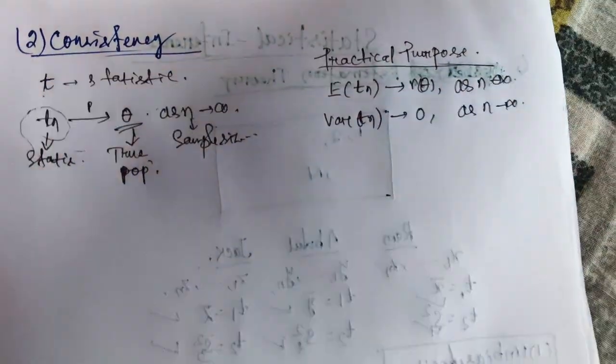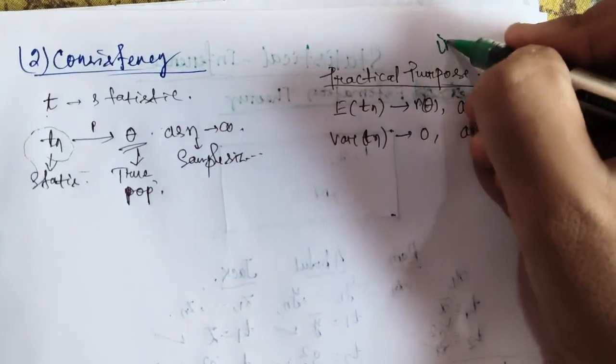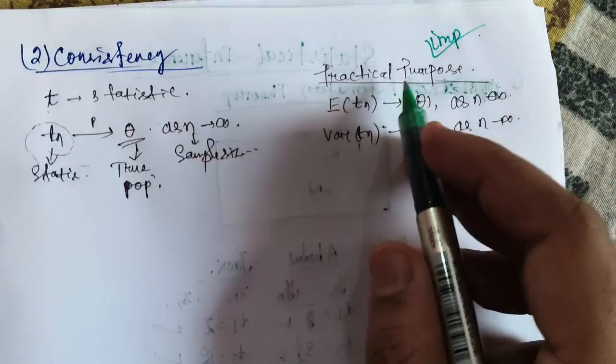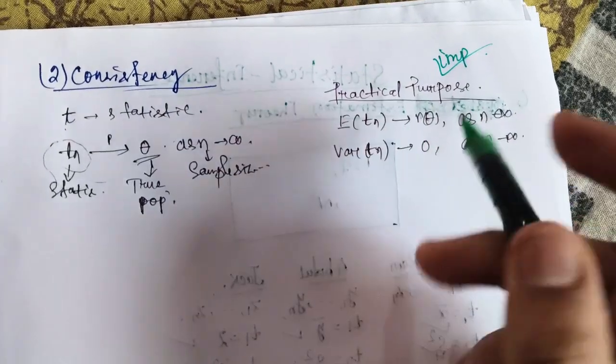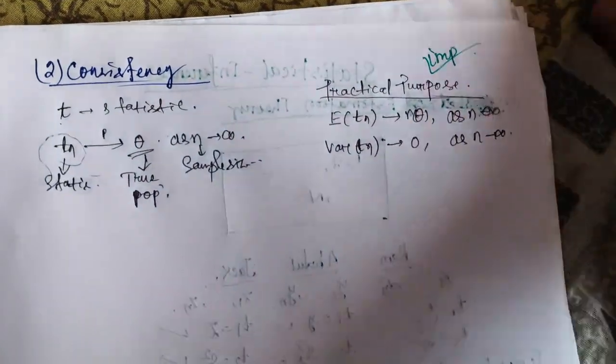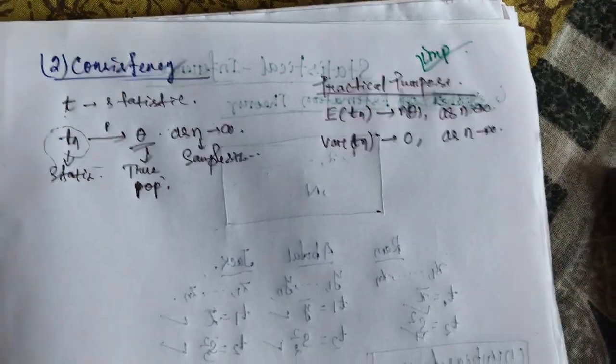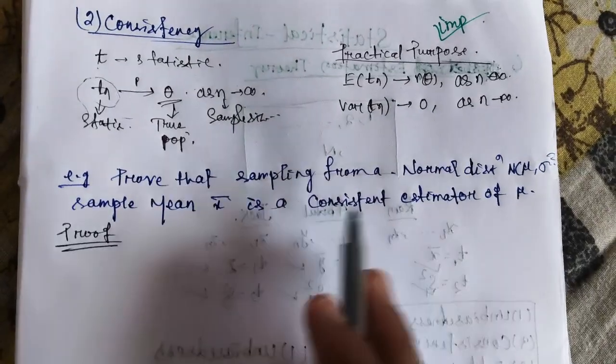This is a very important property. You have to remember this for practical purposes. Now we'll take a numerical example based on consistency. So here we have a question.